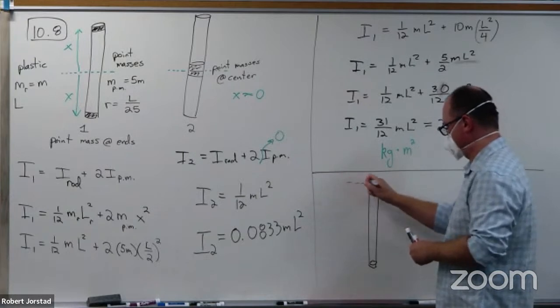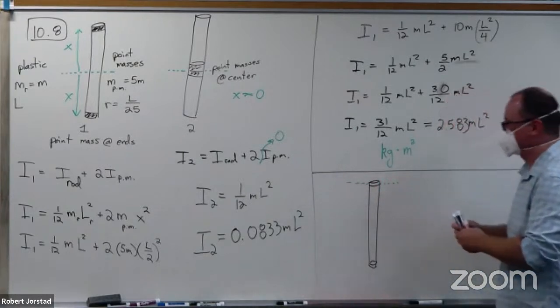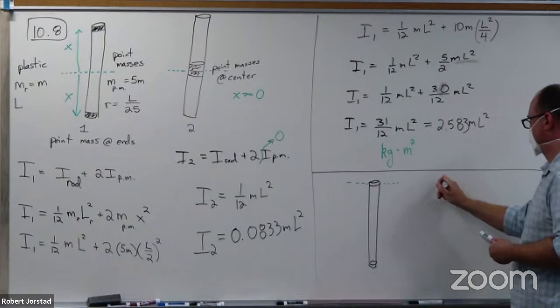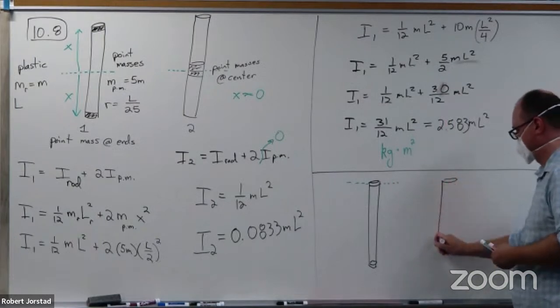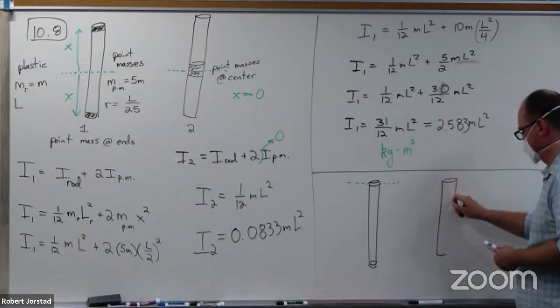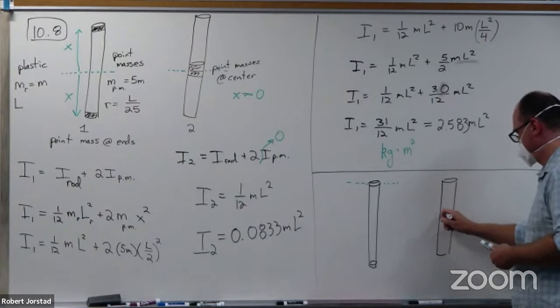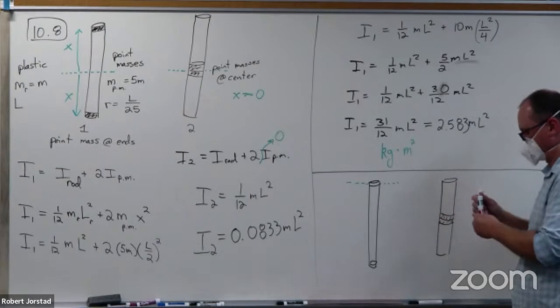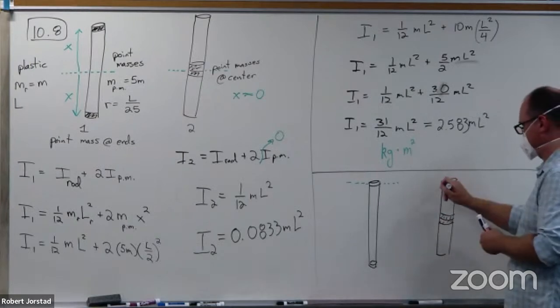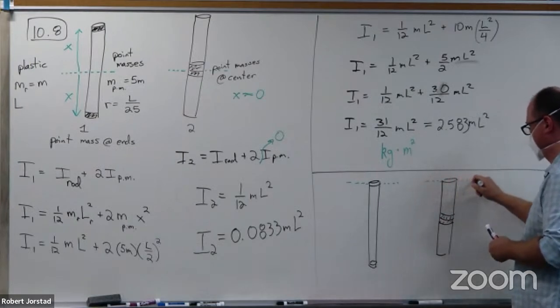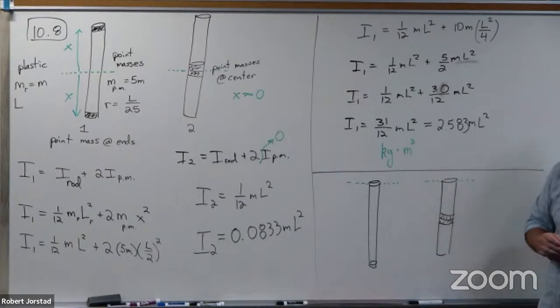Same two rods, same 2 point masses, only now the axis is here. At the end, which one do you think has the smaller moment of inertia? I want a smaller moment of inertia this time. Take a guess.